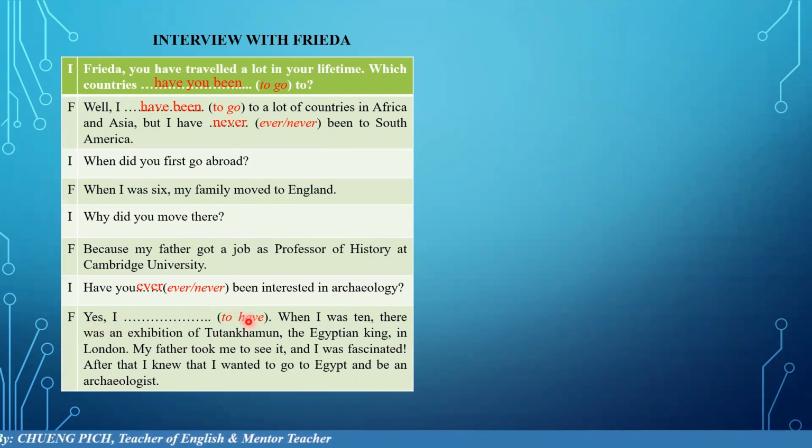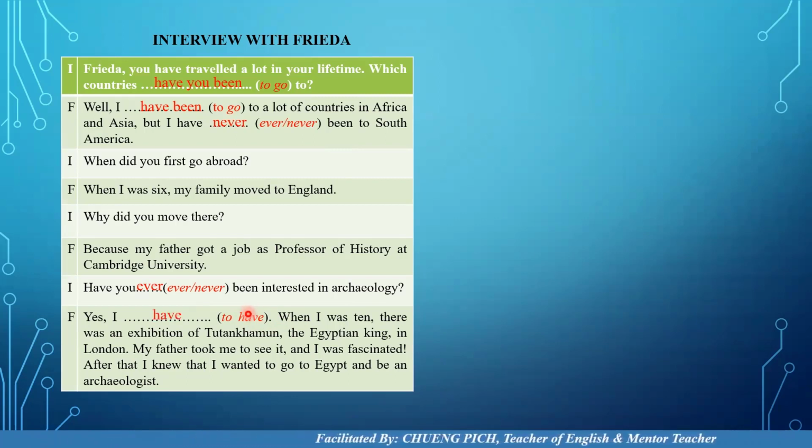So when someone asks you a question in the present perfect tense, you just say "yes, I have" or "no, I haven't", if they ask without any W question, it's just a yes/no question.